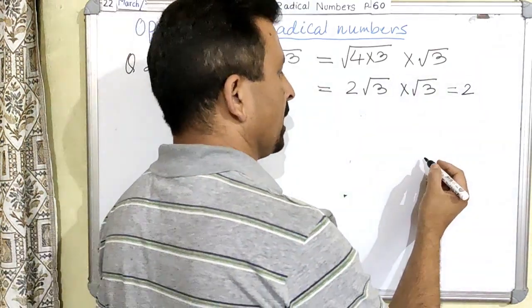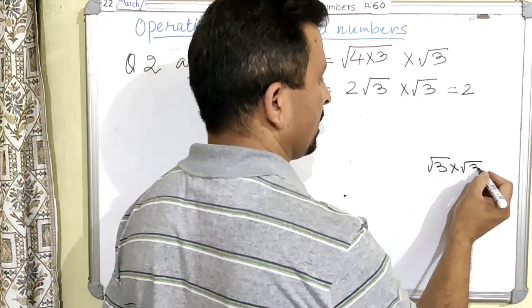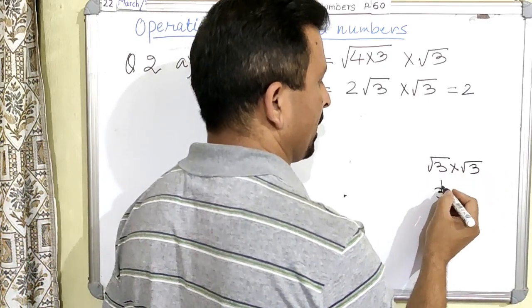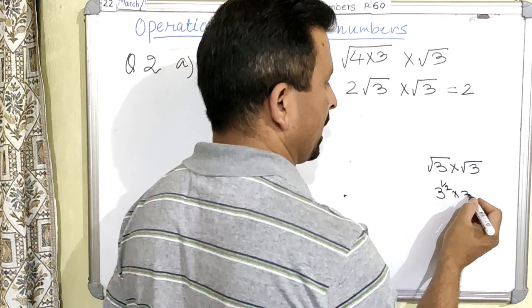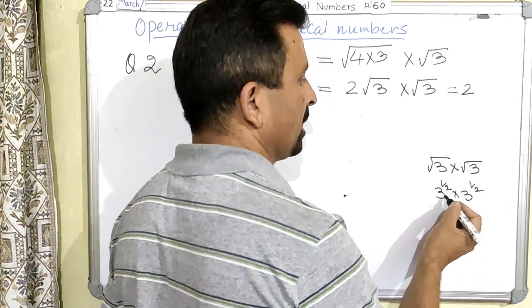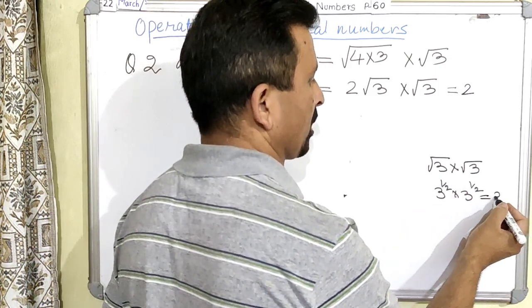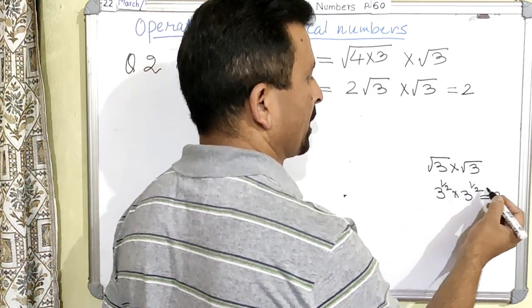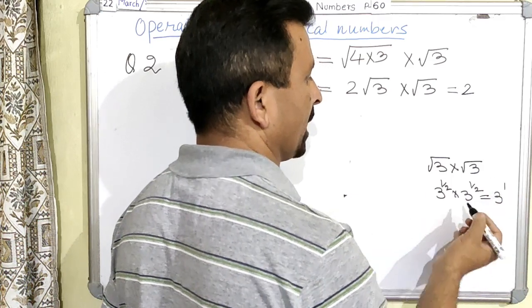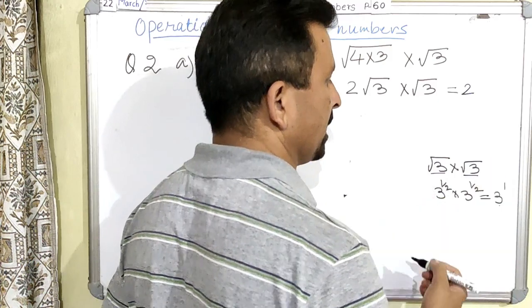So root 3 into root 3 is actually what? 3 to the power half into 3 to the power half. Now these two are exponential numbers where the bases are the same, so the powers can be added. When you take a common base and add the powers, half plus half becomes 1. Therefore the result of root 3 into root 3 is always equal to 3.